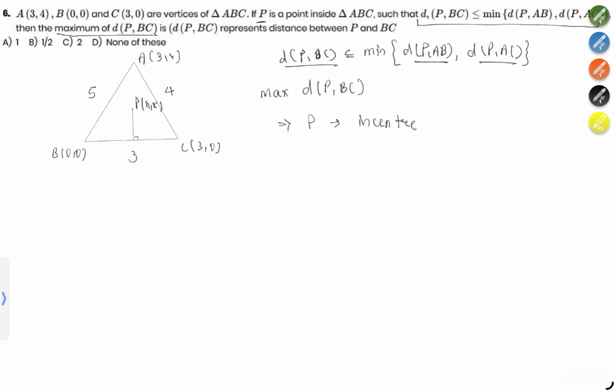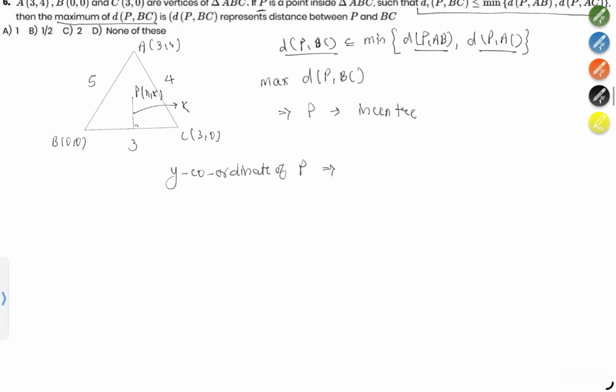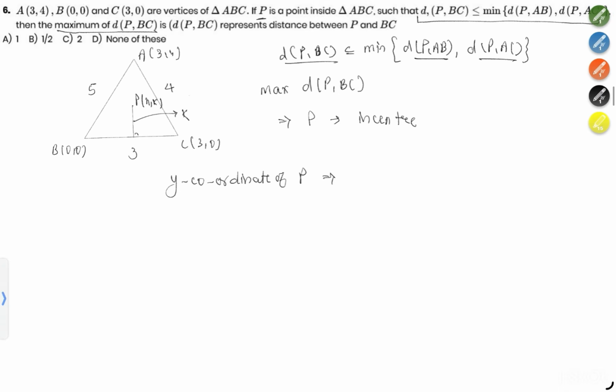BC is nothing more than the x-axis, so this distance is going to be k, the y coordinate of P. Let us try to find the y coordinate of P. That is equal to (0 multiplied by 4 plus 0 multiplied by 5 plus 4 multiplied by 3) divided by (5 plus 4 plus 3), which is nothing more than 1, and that is our distance. Therefore, A is the correct answer.